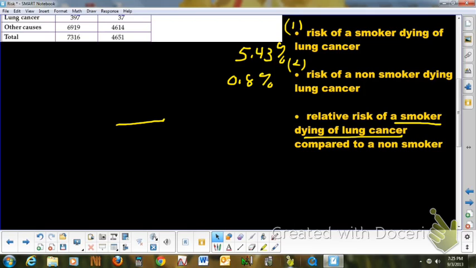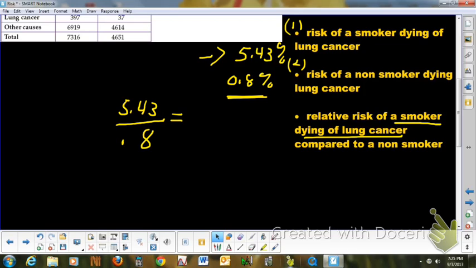So again, the interest group is the smokers dying of lung cancer, and we've just found the absolute risk of that, which is 5.43. It's a percentage, but it's a ratio, so we don't need to worry about the percentage sign. And then compared to a non-smoker, the ratio is just 0.8, because we want to compare that, and we're going to work that out.